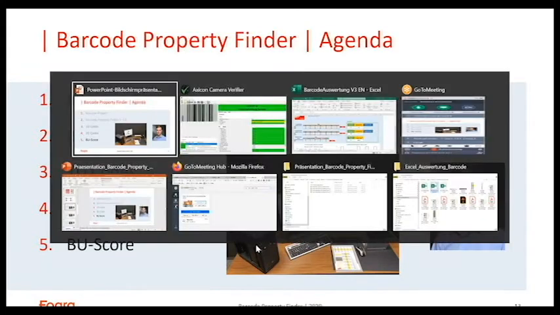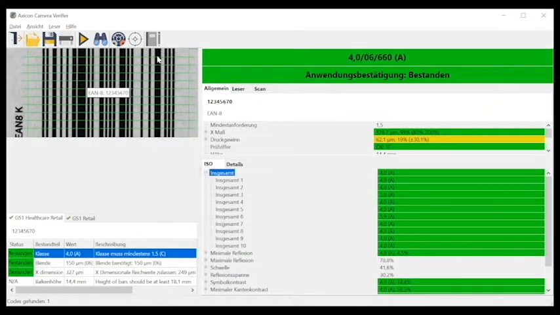I already measured our best code from the Barcode Property Finder with the test form we have seen in the videos before. That was our B5 code, and we now want to figure out how stable the measurements are. That's exactly what the BU score is saying.